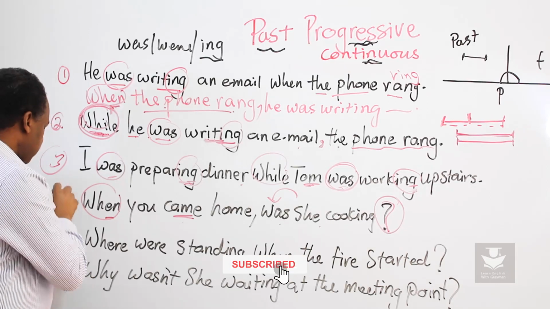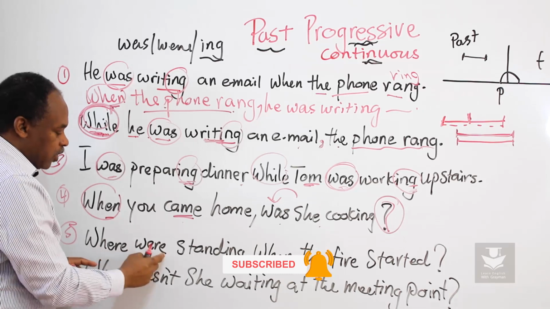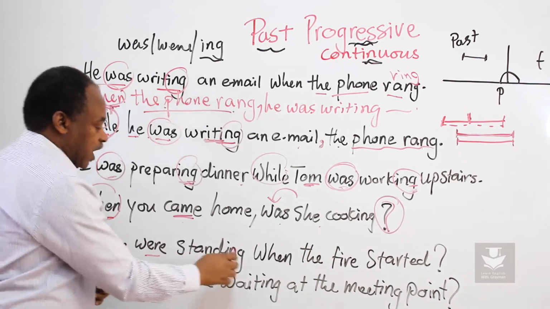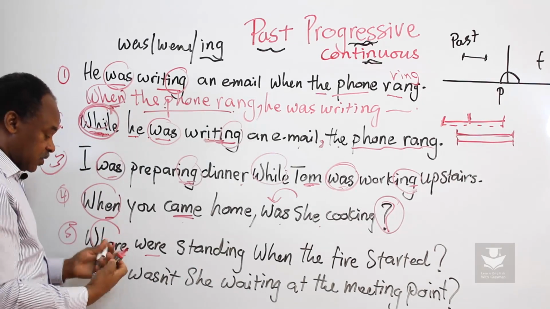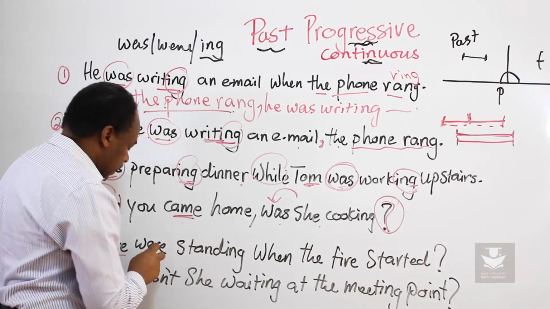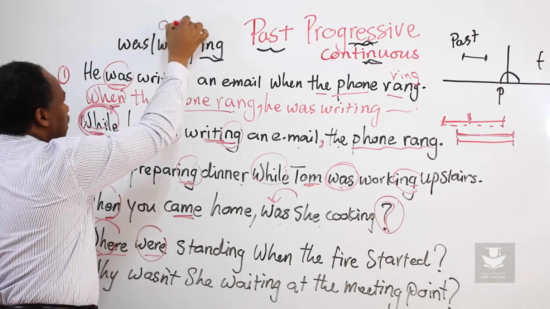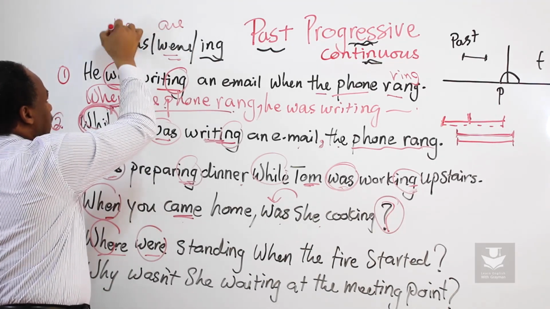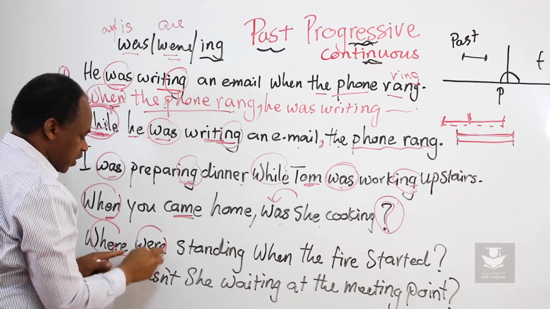Let's look at this one. This number 4. Let's look at number 5. Where were you standing? This is a question about a place. In what place? Where were you standing? This is past. The past of are is were, and the past of is is was. So here, where were, this is past.